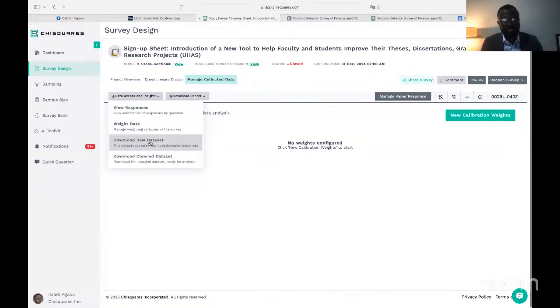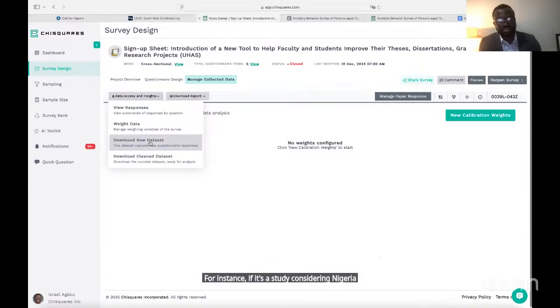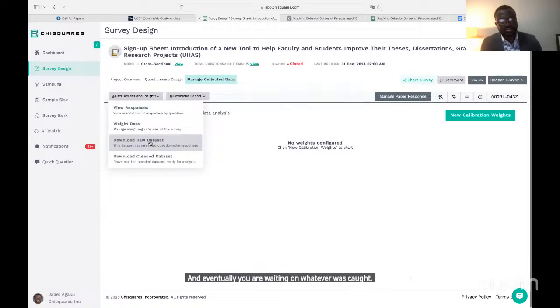Yes, you answered the question earlier on, talking about weighting on the platform. I quite understand the principle, but I'm a little worried about if the sample is not representative initially. For instance, if it's a study considering Nigeria, and there is nothing like geopolitical zone to make proper representation, and eventually you are weighting on whatever was gotten, maybe from just one local government.